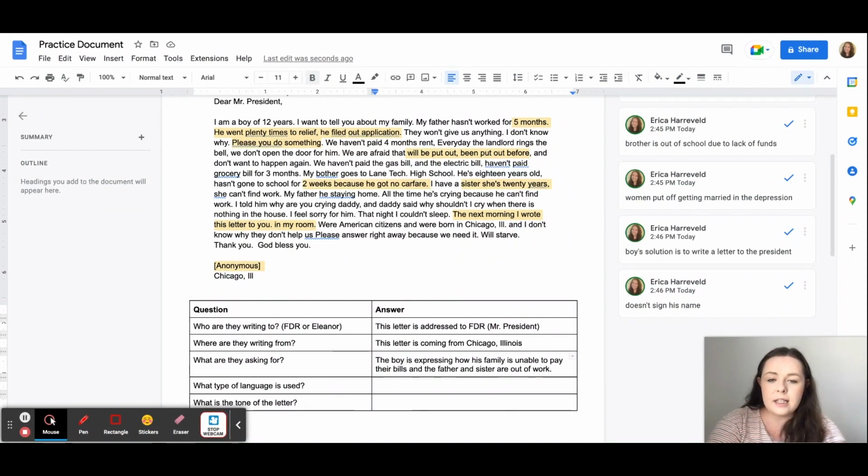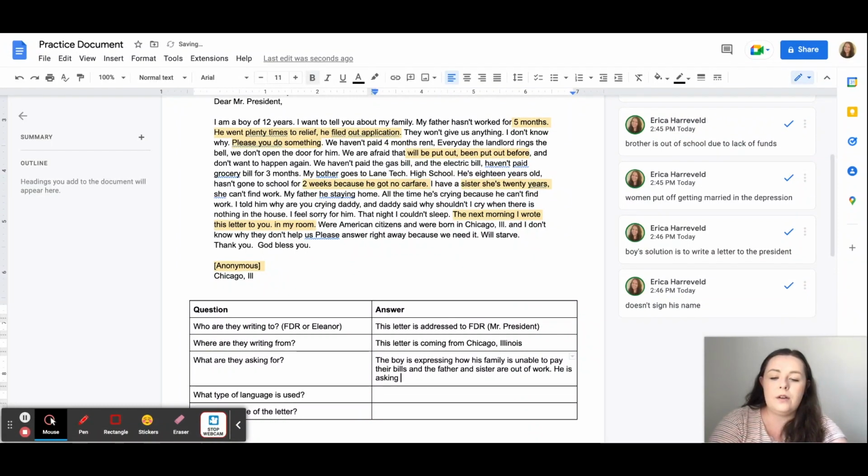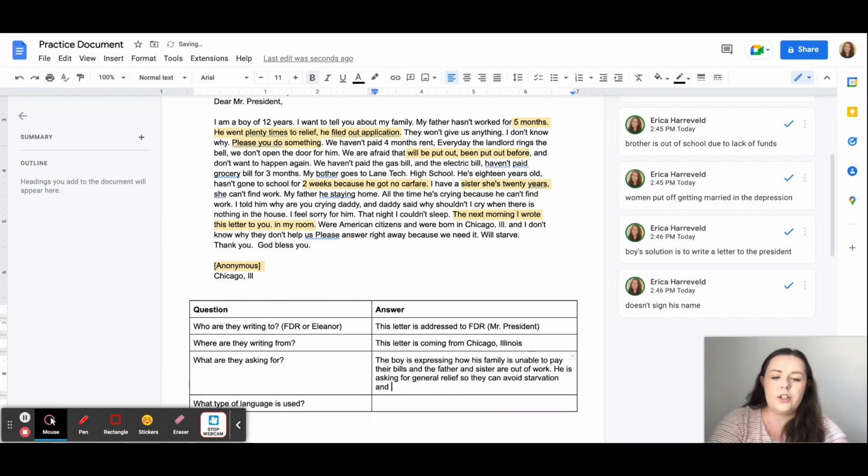He doesn't specifically ask for anything other than help, right? Please answer because we will starve. So it is asking for general relief so they can avoid starvation and homelessness, right? They said they haven't paid their bills. They might get kicked out of their house.